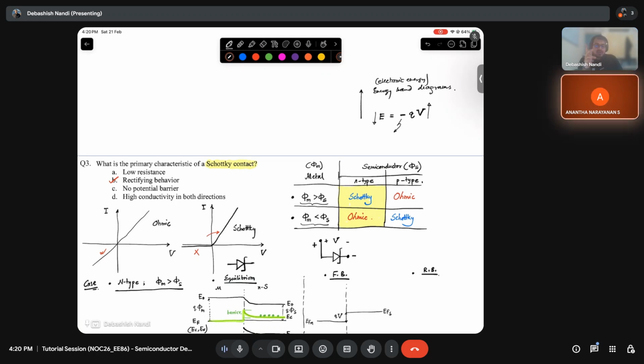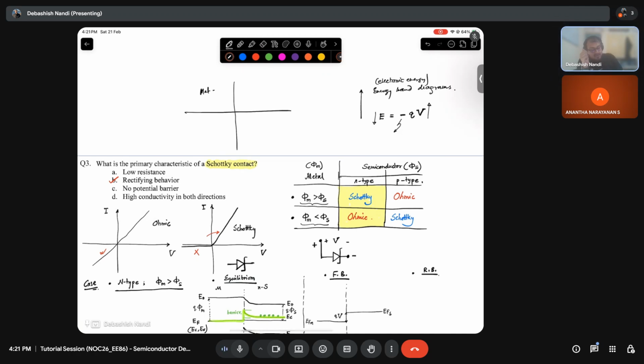Now if you have a Fermi level, let's say this is material 1, this is material 2. Now let's say material 1 you are applying at a higher potential with respect to material 2. So either this will go down or this will go up. It does not matter which one you take, because potential as a single quantity is nothing; it has to be referred to some reference potential, right?